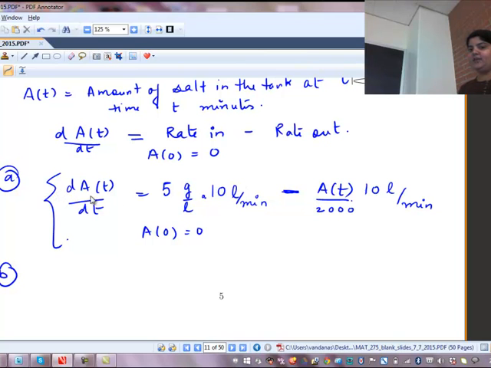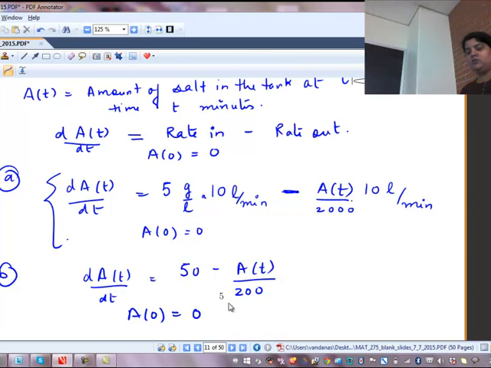So is it a separable differential equation? 50 minus A divided by 200, and then you have A(0) equals 0. So is it a separable differential equation?